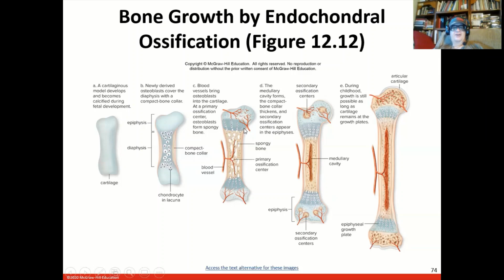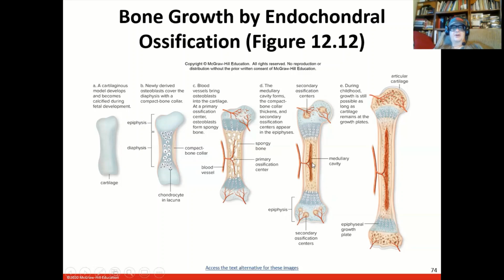Now, the secondary ossification centers are going to be in the epiphyses. You can see them right here. Anyway, so we penetrate, we break down the cartilage, replace it with spongy bone.